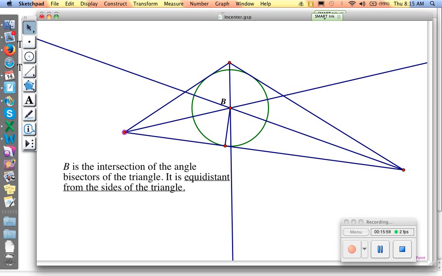So in your notes, that blank is filled in by what is underlined on the screen. It is equidistant from the sides of the triangle.